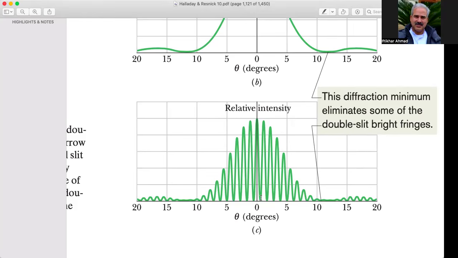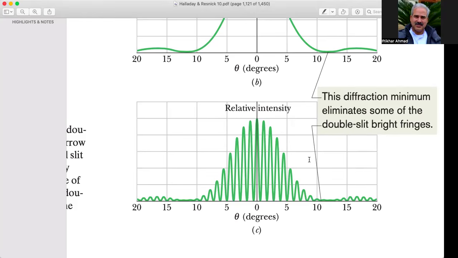This kind of plot shows light intensity: maximum light, then smaller, and when we reach here, the light is 0. But even within this diffraction pattern, all these points we see dark.